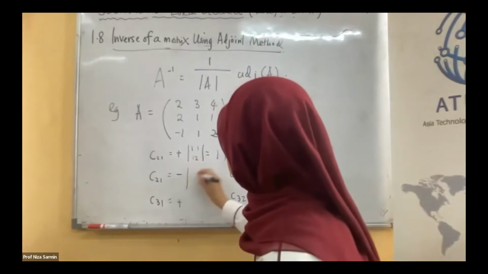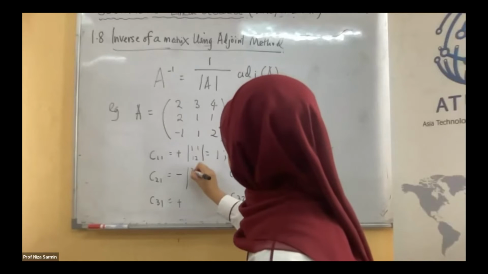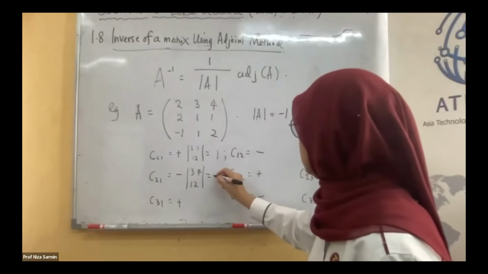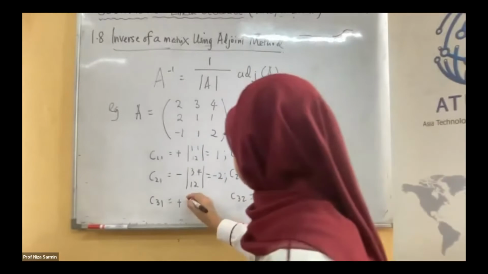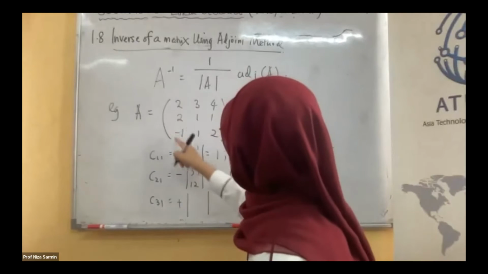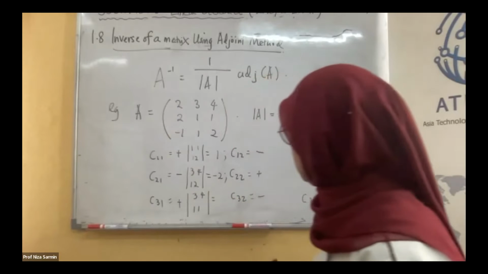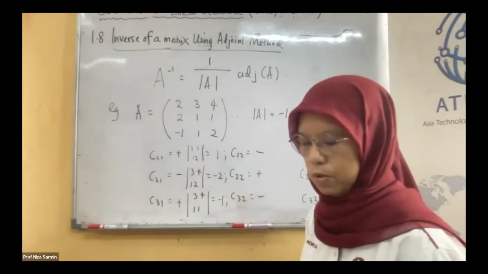Okay. And then remove row 1 column 2. So 3, 4, 1, 2. The answer is negative 2. And this is removing this one. The answer is negative 1. Okay.